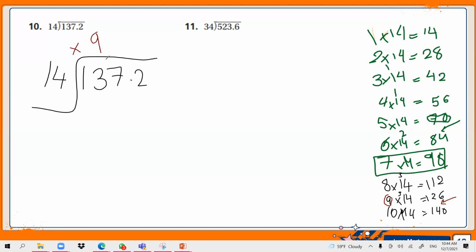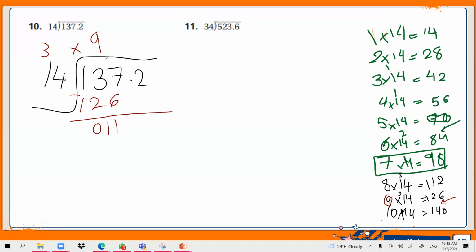Then 9 times 4, 36. 9 times 1 plus 3, 12. 6 minus 7, 7 minus 6 is 1. 3 minus 2 is 1.